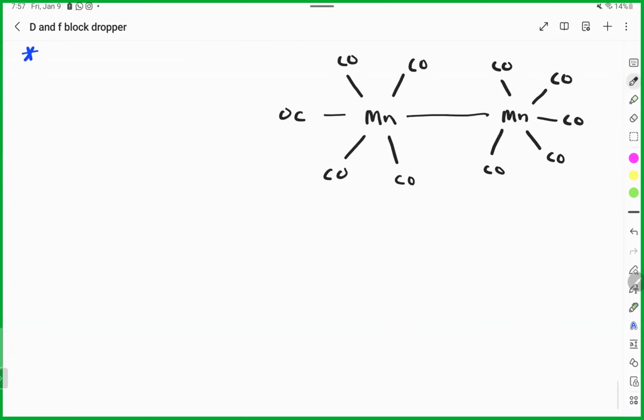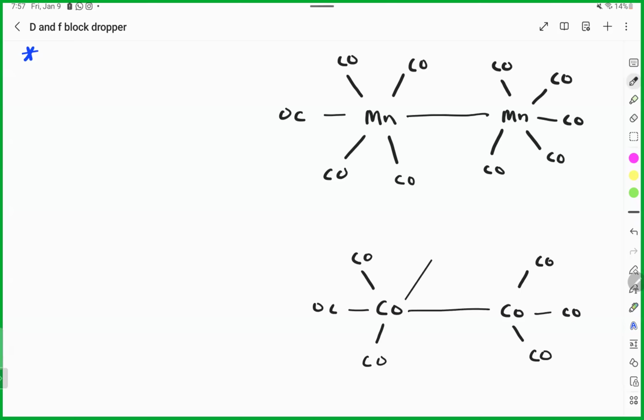For example, if you take cobalt, 1, 2, there will be 4 carbonyl for each. 1, 2, 3 carbonyl. Because the bonding in this case is limited, there is a direct metal bond also, and there is a carbonyl bond also.